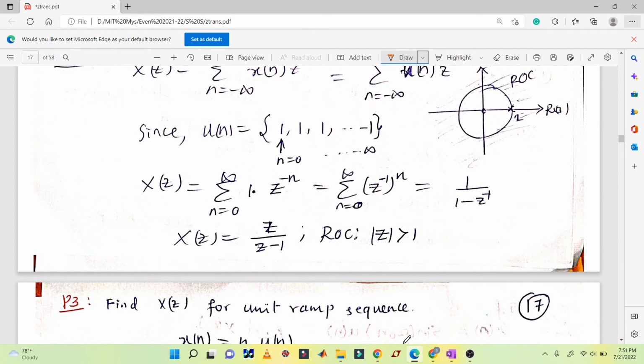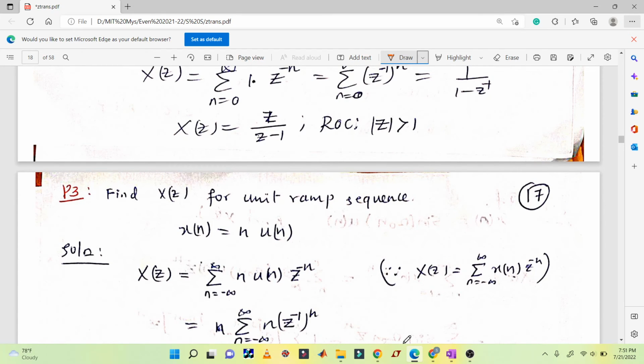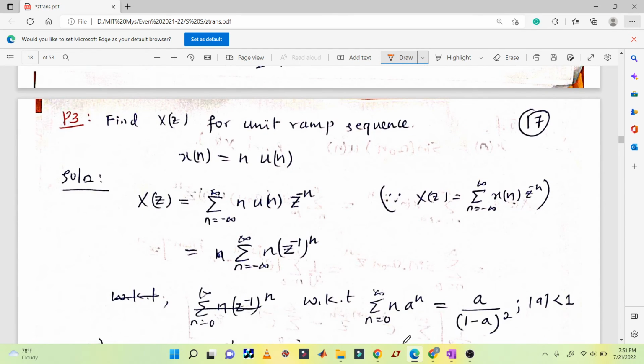Now the second problem is the unit ramp sequence. We can apply the property also, but here it depends on the given marks. Considering, say, for 6 marks it is given, then you have to apply the Z transform equation and solve.